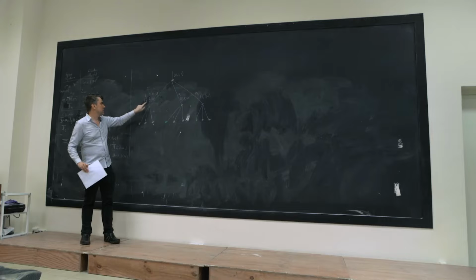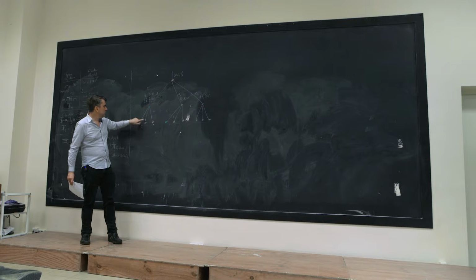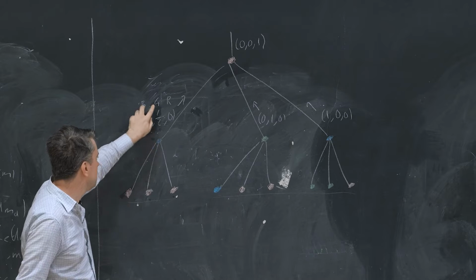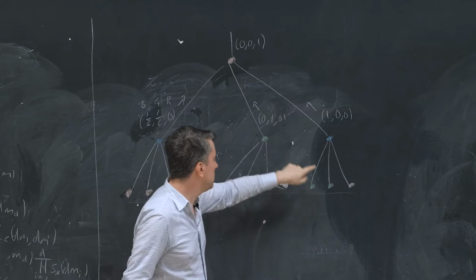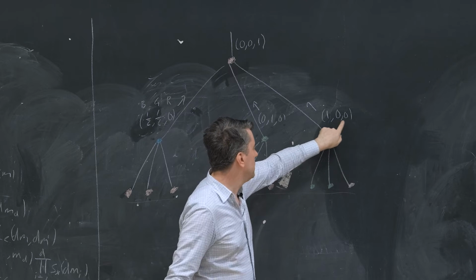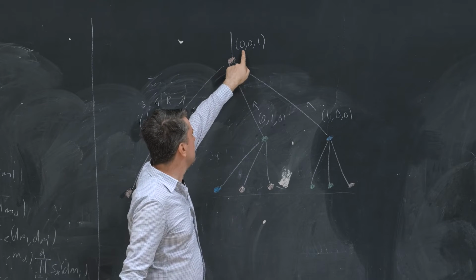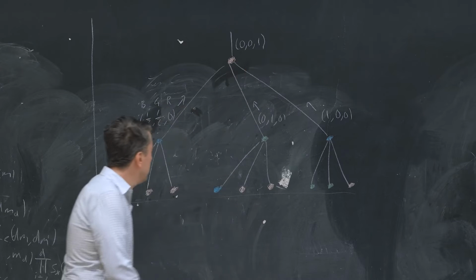If I encode it as a vector of blue, green, and red, this one only has red children, so it's half-half between blue and green, whereas this one has to be a green, so it's 0, 1, 0, and this one has to be a blue, so it's 1, 0, 0, and then the root has to be a red, so it's 0, 0, 1.